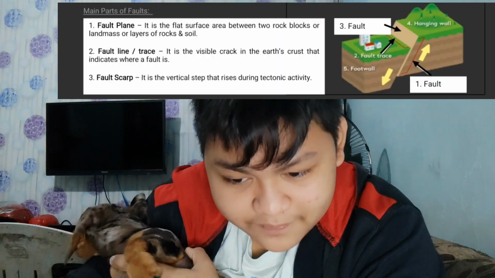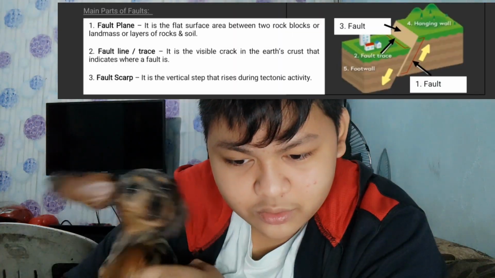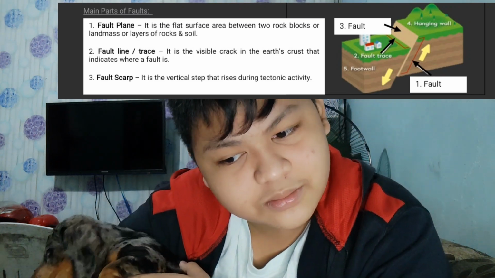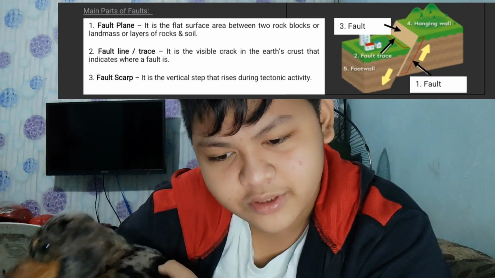Okay, let's discuss the parts of a fault. The first part is the fault plane. It is the flat surface area between the two rocks, blocks, or land masses, or layers of rock and soil.